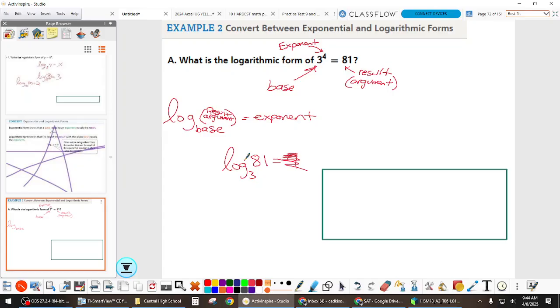And so you can see that it's going to be important to be able to go back and forth between log form and exponential form, especially when you're first learning what this notation means, because it is a little bit weird. Any questions on that? Okay, grab your notes. Let's put that in there.